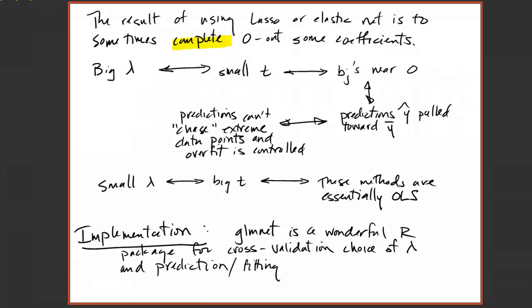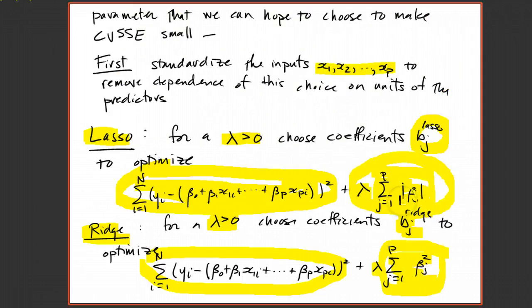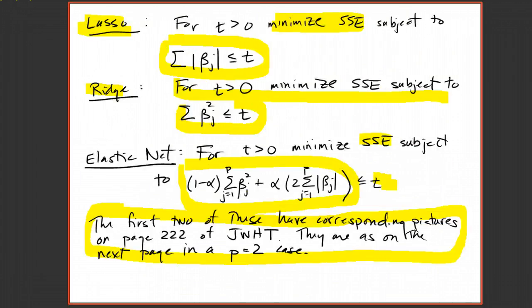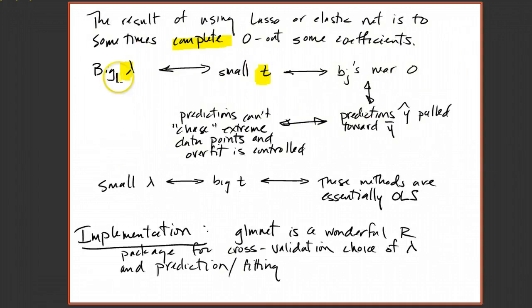In thinking about what this stuff does, big lambdas correspond to small t's. Big penalties on these sum of absolute betas or sum of betas squared basically force you to use small absolute betas or beta squared, and that corresponds to small t's.